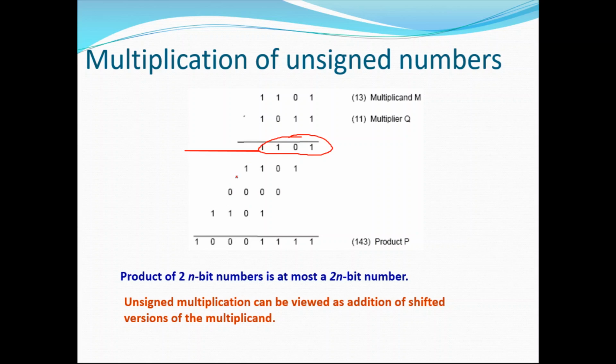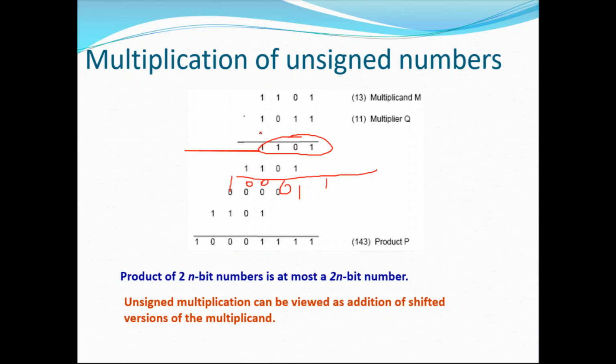At the second level, what will be the partial sum? Here we are not calculating it, but if you calculate, it will be: 0 plus 1 is 1, 1 plus 0 is 1, 1 plus 1 is 0 carry 1, and 1 plus 0 is 1, that is the carry. So this is the partial sum. This partial sum you can calculate at every level.